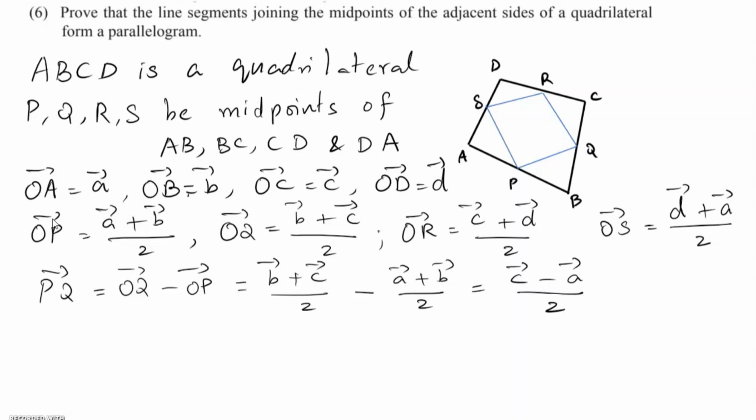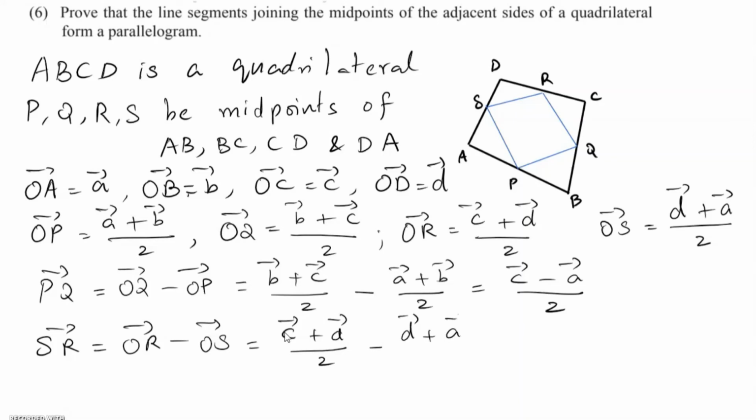Similarly, let's define SR vector. That will be equal to OR vector minus OS vector, and that's equal to vector C plus vector D by 2 minus vector D plus vector A by 2. D and D will become cancelled, so you'll be left with vector C minus A by 2. Then a vector PS.